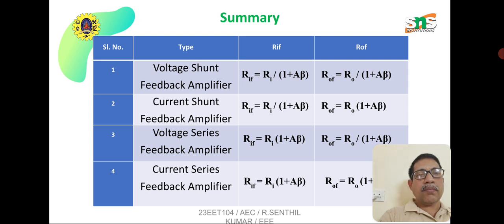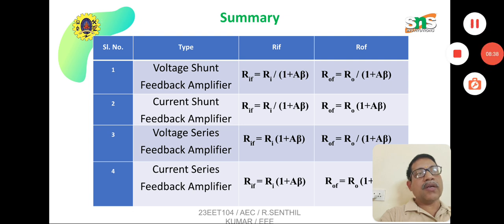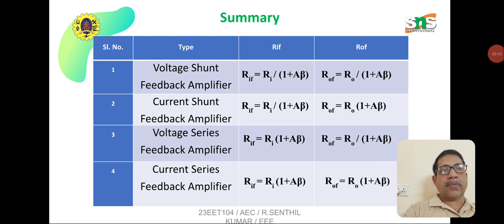From this discussion, for a voltage amplifier, where you amplify the voltage signal alone, the voltage shunt comes into picture. And current series is the current amplifier.